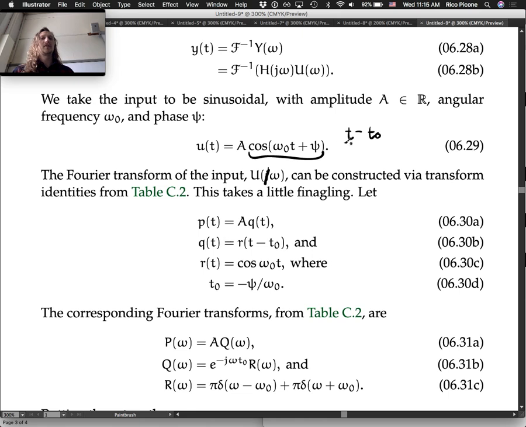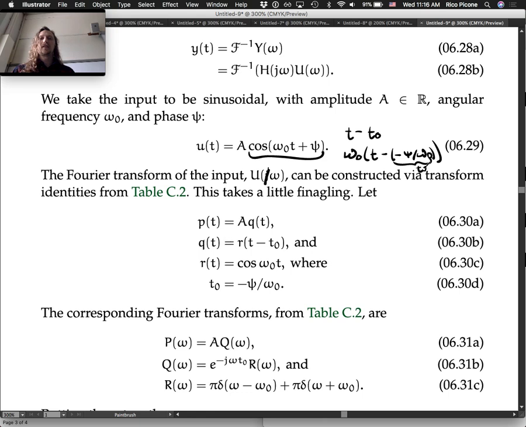So we can't just do a simple t minus t naught. We have to factor out this omega naught from both terms. So we end up with the omega naught being pulled out, t, and then it's going to be minus negative psi over omega naught. And now we've got a t minus, and then this is our t naught, right?